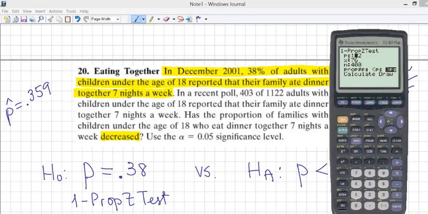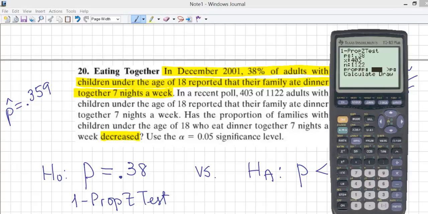What's the null? The first line is the null hypothesis. So here we say 0.38. X, this is the number of people that said they ate dinner every day of the week. So that's 403. N is the sample size. And then this is my alternative hypothesis. I need to highlight correct inequality.